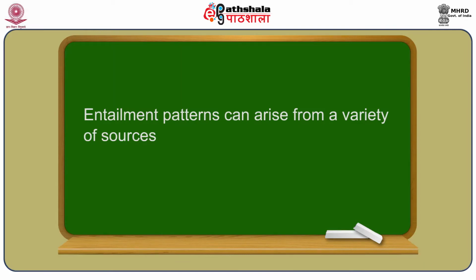Okay. Now, entailment patterns can have a variety of sources. In the second example that we saw, John cut the bread with a knife, compared with John cut the bread, the entailment pattern is partly a consequence of the syntactic structure of the sentences.